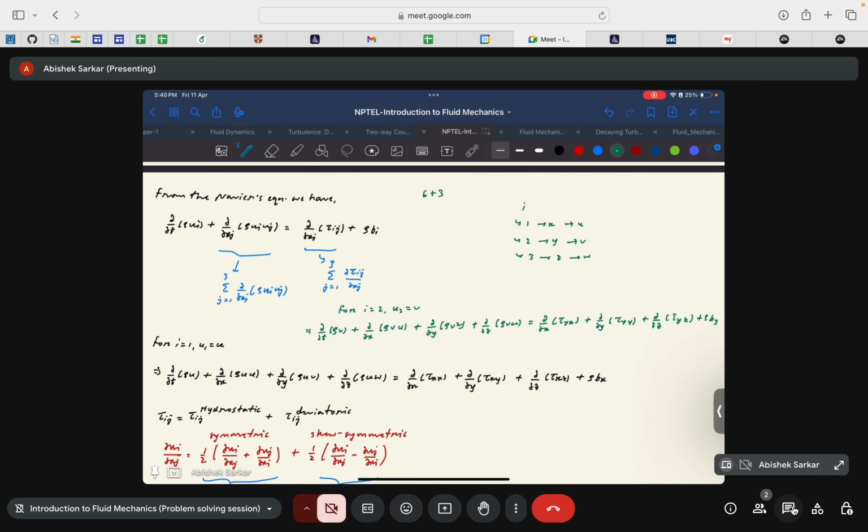Okay, so we will have in total 9 independent variables to find from 3 momentum equations and, say, 1 mass conservation equation. Okay, so having 9 variables and only 4 equations makes the system inconsistent, right? So that's why it's again impossible to solve, right?